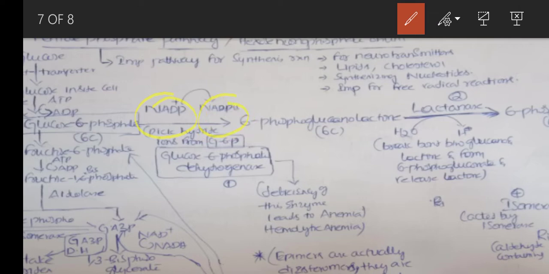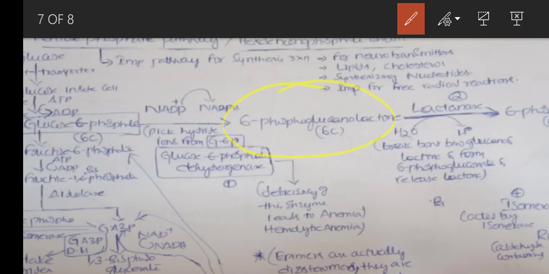This dehydrogenase enzyme oxidizes glucose 6 phosphate and itself gets reduced. That means the NADP gets reduced. The NADP is getting the hydrogen, so it is called a reduction step. So this will convert into 6-phosphogluconolactone.